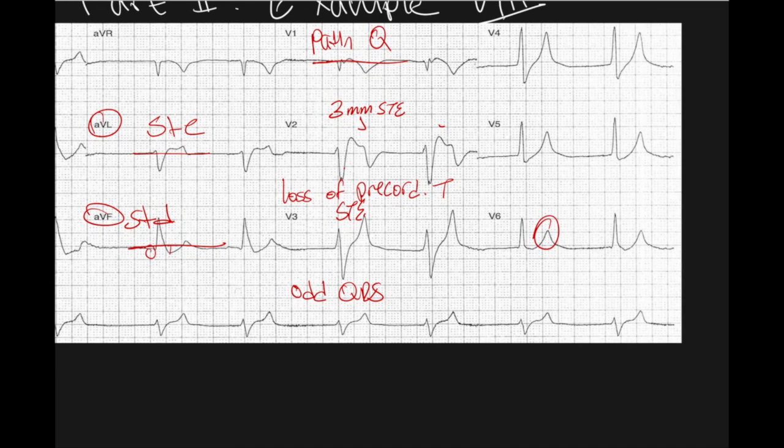These are almost reminiscent of those de Winter T waves, no? But it seems that there's no ST depression to go along with it. So we have this RS, we have some slurring S. We have that almost hyperacute T waves in V3, V4.